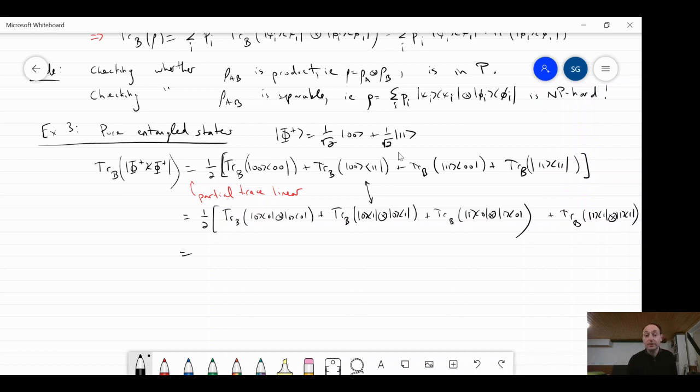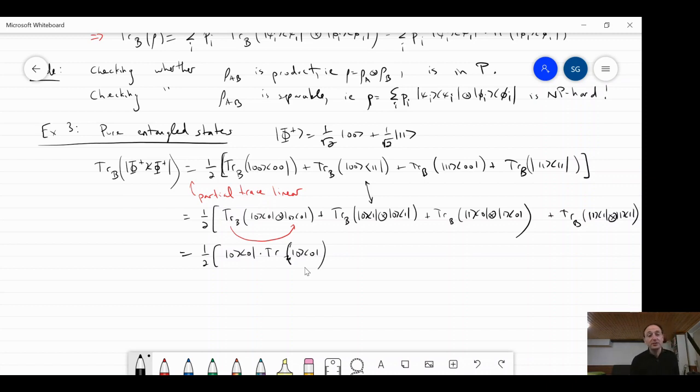Now we can compute the partial trace. The partial trace of a product state is the same as computing the proper trace on the second subsystem. That means the |0><0| on the first subsystem comes out, and we take the trace of |0><0|.